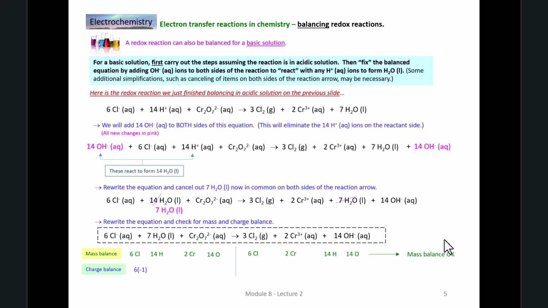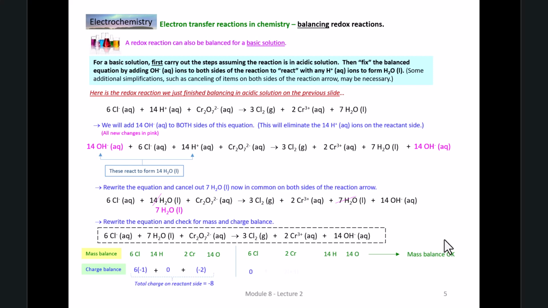For the charge balance, we have 6 times a minus 1 on the left, plus 0 from the waters. I guess I could have written 7 times 0, plus a minus 2, and that adds up there to a minus 8. And on the right, we'd have 0 from the 3 chlorines.